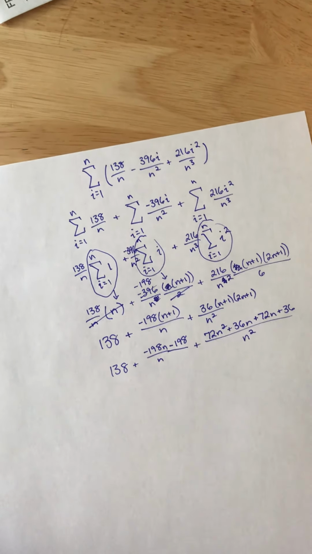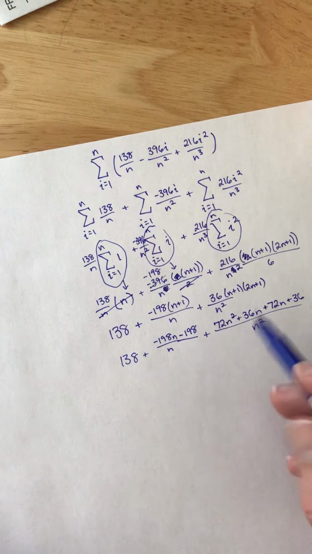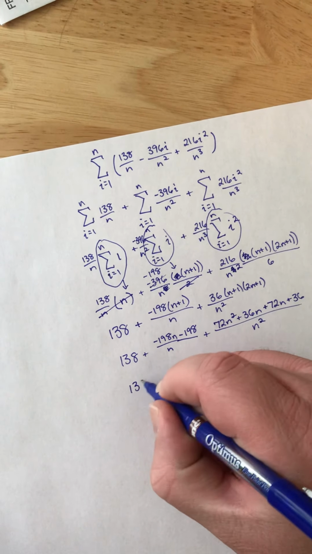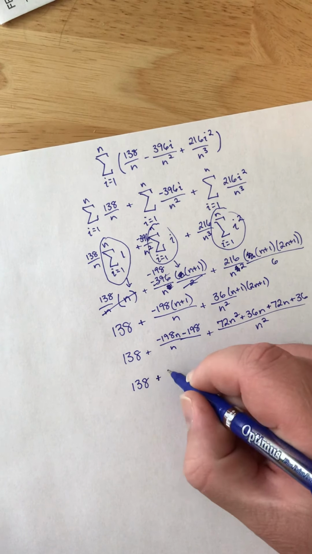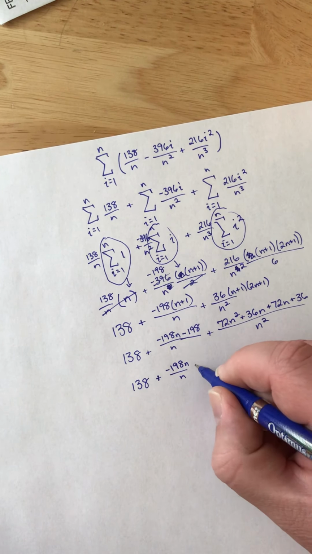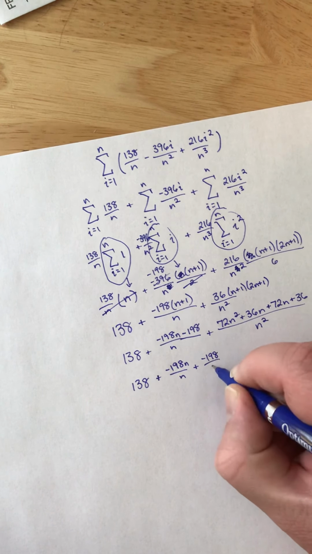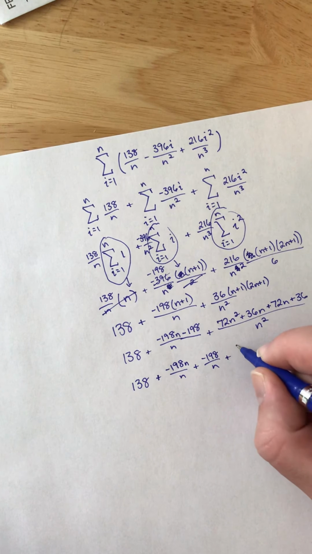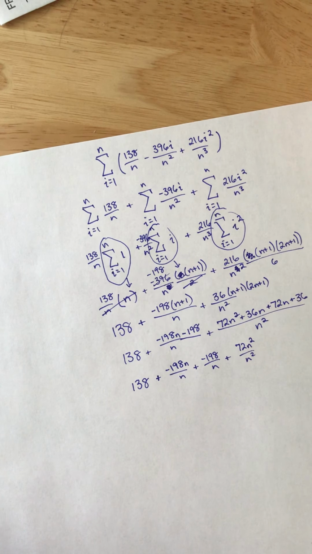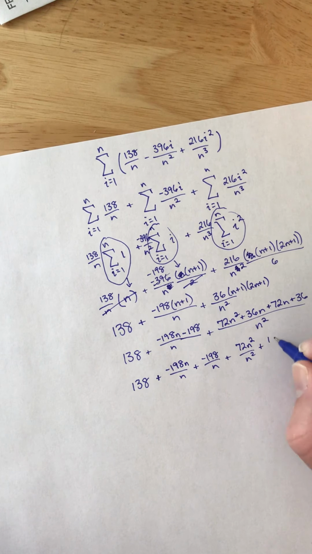All right. I'm getting to my last steps here. I'm going to break these fractions up a little bit just because I know they'll reduce. So like this is negative 198n over n. Well, that's plus negative 198 over n. I'm going to keep going. I've got 72n squared over n squared. I'll go ahead and combine 36 plus 72 makes 108. So that'll be plus 108n over n squared.